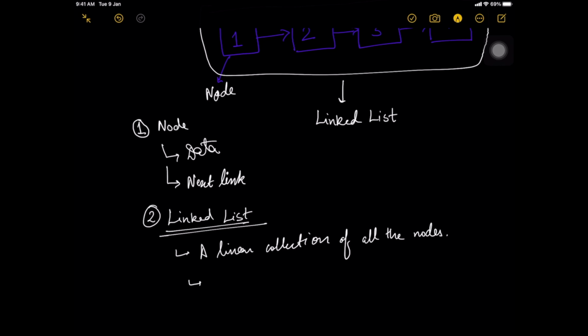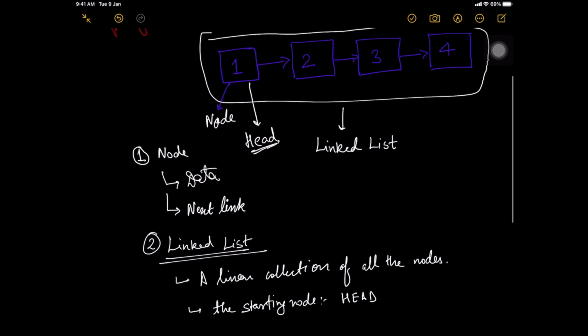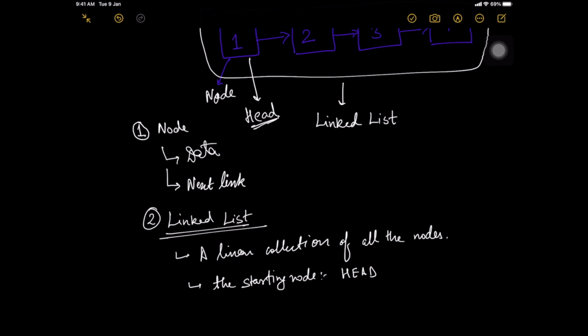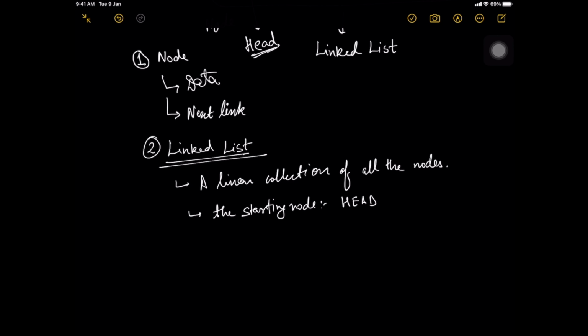Where the starting node is called the head. So this node in this example is called the head, and this head stores reference to the next element, and every other element stores reference to the next element. And the last one, you may ask what the last one points to, Shubham. So the last one does not point to anything, simple.